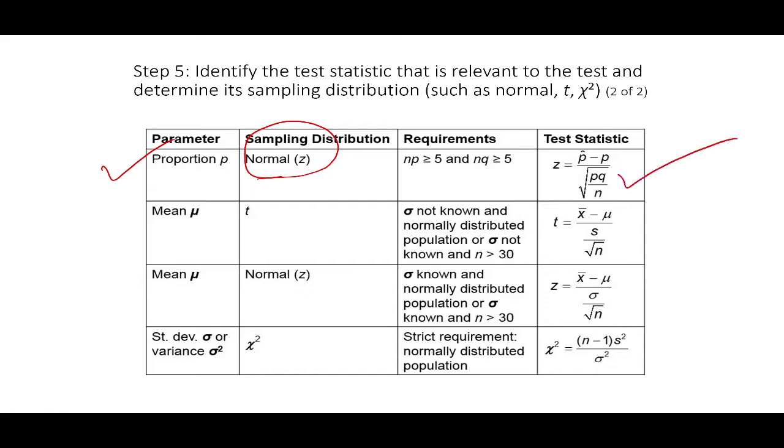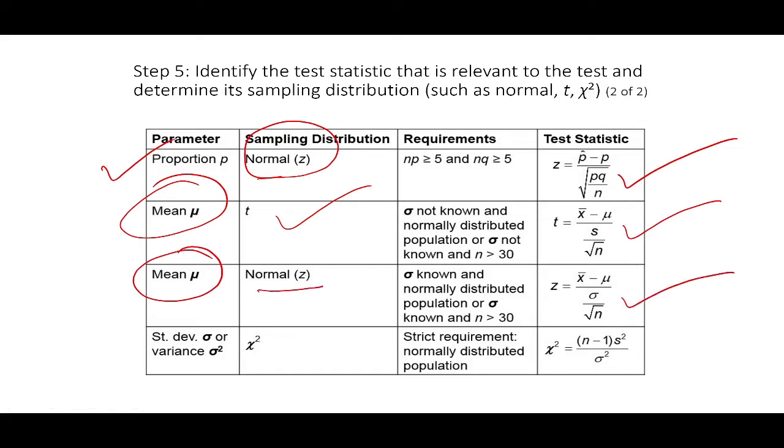That's the formula we're going to use. If we're using the mean, then we use the t sampling distribution and we find the t value using this formula. In this course we are going to use only proportion or mean. Sometimes the mean can also be used with the normal distribution. In that case, this is the formula we are going to use. The fourth one, standard deviation or variance, is just given here. We're not going to use it, but that can also be used.